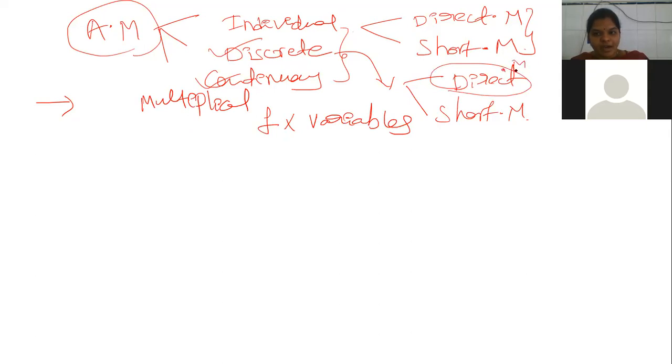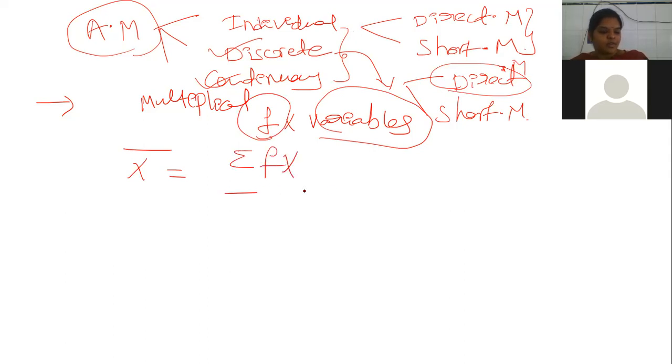Write it clearly, don't get confused. Discrete series direct method. For computation of arithmetic mean in a discrete series, the values of the variables are to be multiplied with their respective frequencies. So the formula is x bar equals sigma fx divided by sigma f.